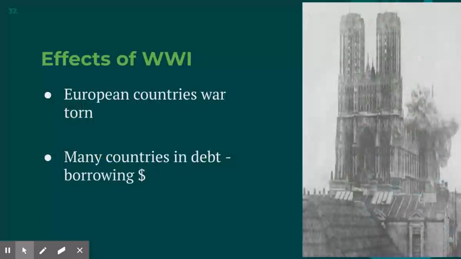First of all, one of the biggest effects of this stock market crash was the fact that we had just finished fighting a war 10 years earlier. In the 1920s, countries like England and France and Germany were trying to rebuild from the war.